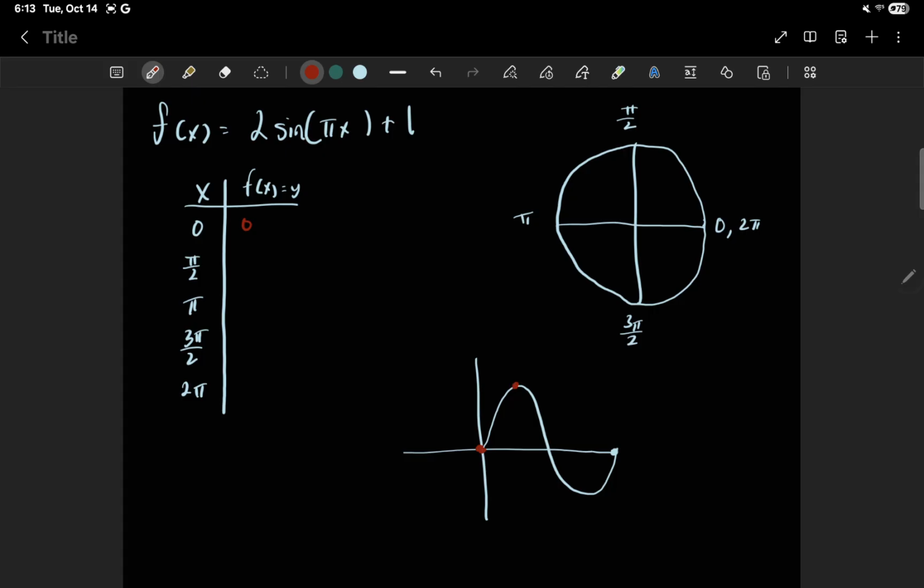The second red point happens at pi over 2, because that's our maximum, so we get 1 there. The next point happens at pi, because sine of pi is 0. The next point is 3 pi over 2, and sine is -1 here. And once again, sine of 2 pi, which is the same as sine of 0, is also going to be 0.